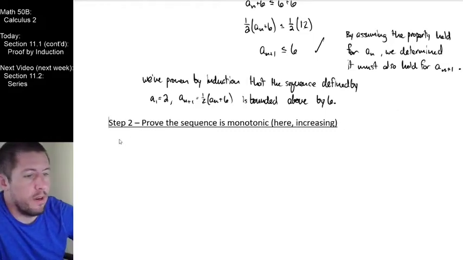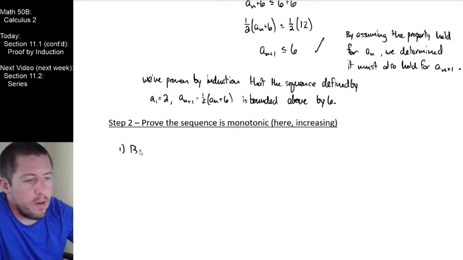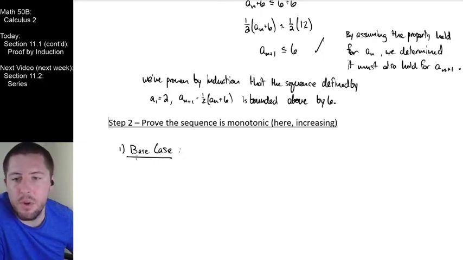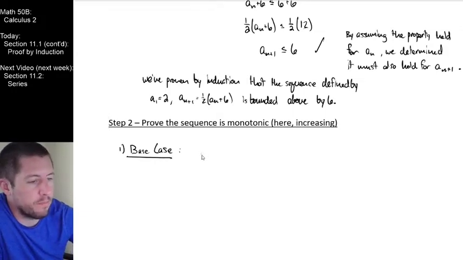So let's do another proof by induction here. So I'm going to do our base case. Now notice that in this case, our base case is ever so slightly different than before. Why is that? Well, how do you prove that we are increasing if you only look at a sub 1?